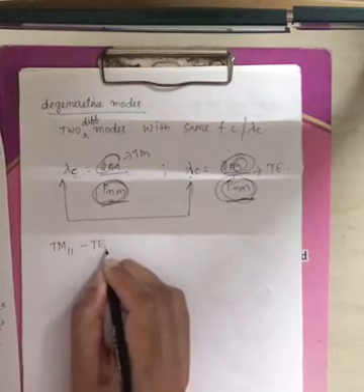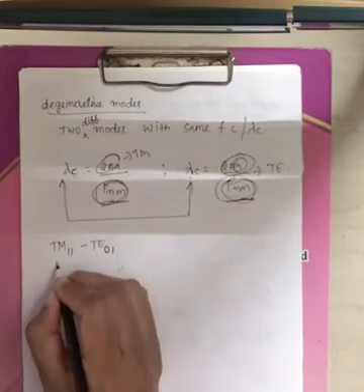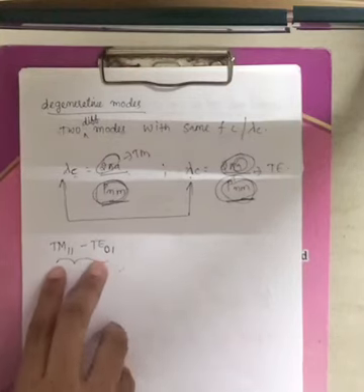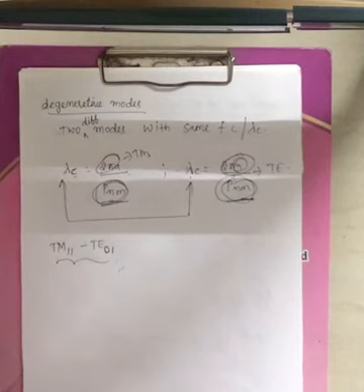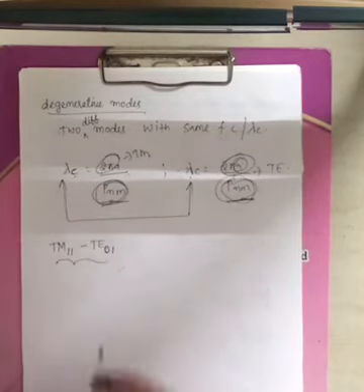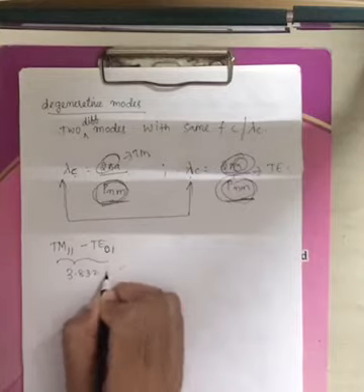TM11 and TE01 is one degenerative mode, because these two will have the same cutoff wavelength or the same cutoff frequency, because this TM mode and TE mode have the same root, that is 3.832.